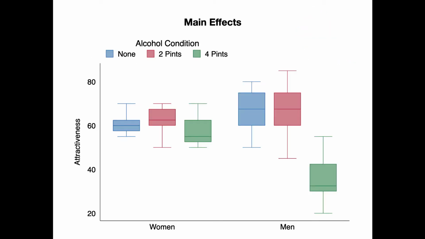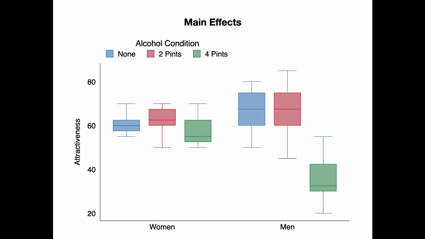Okay, so let's think about this visually. So if we look at this box plot, we've got men and women, right? So we got the men and we've got women over here. We've got each of their conditions, each of the drink conditions with the colors of blue, red, and green. So if we want to compare all the men, so averaging across all these conditions, to all the women, that would be the main effect.